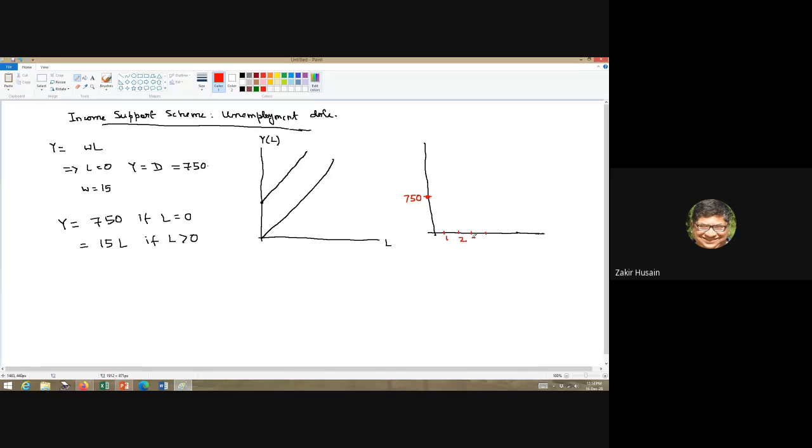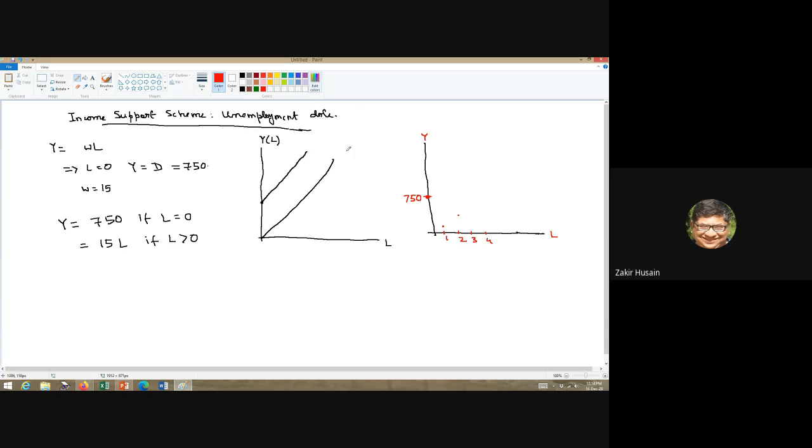This is 1, 2, 3, 4. At L equal to 1, Y is 15. L equal to 2, 30. Now what happens at the points in between?